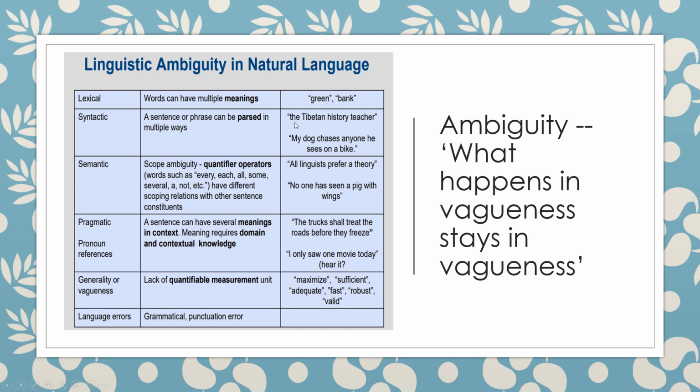The phrasing of the thing, something about the Tibetan history teacher. Was it a regular history teacher who happened to be from Tibet, or a teacher who teaches Tibetan history? It's unclear from that statement. And is the dog on a bike, when my dog chases anyone he sees on a bike, or is it that if someone's on a bike, the dog will chase it?